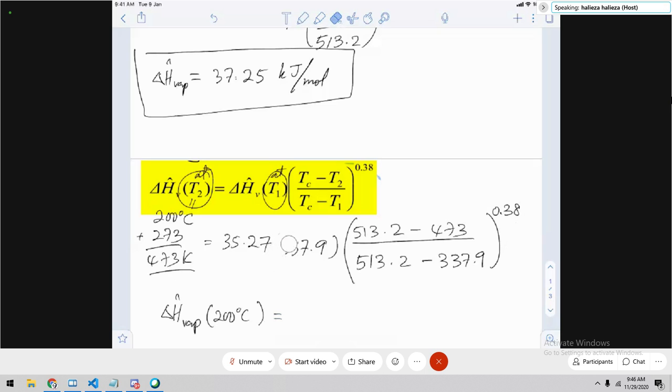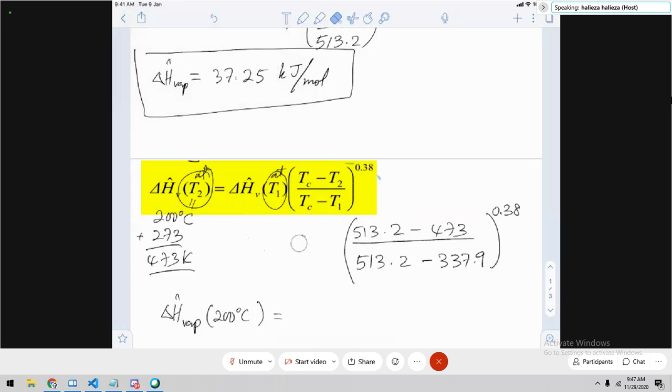Okay, Doctor, thank you. I just made a mistake there. This is at. Sorry. So bring everything close to it. Let me erase this too. Let me rewrite it. Delta H vaporization at 200 degrees C is equal to, oh dear, I did it too close. Let me undo that.